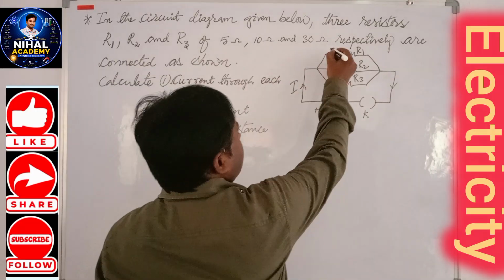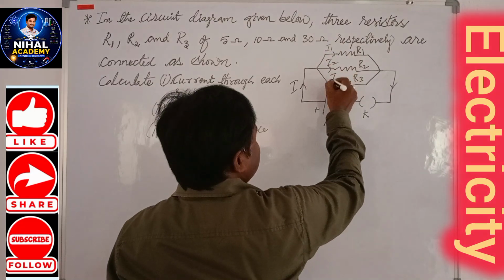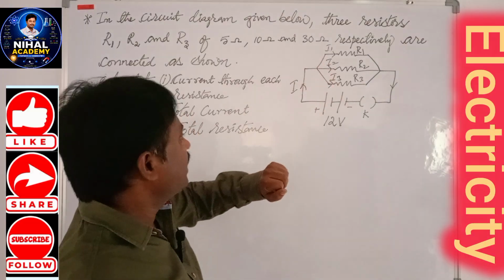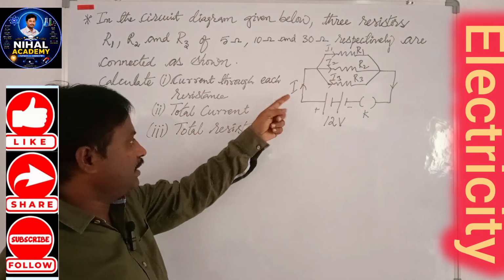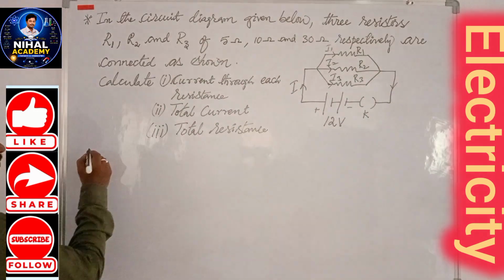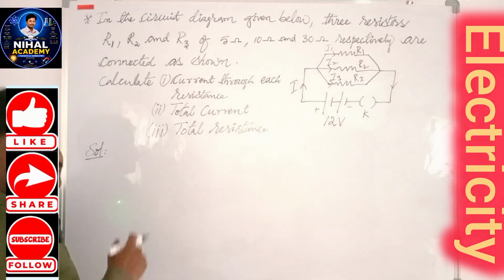That means here the current passing through this is I1 and here it is I2 and this is I3. So we have to calculate I1, I2, I3 and total current I, and third one total resistance R. Now we'll see that. So write the given data.